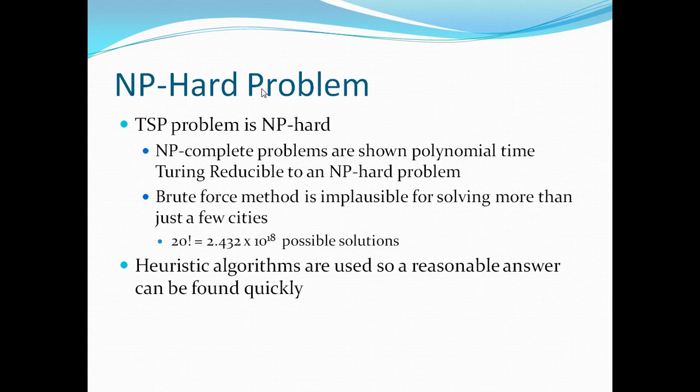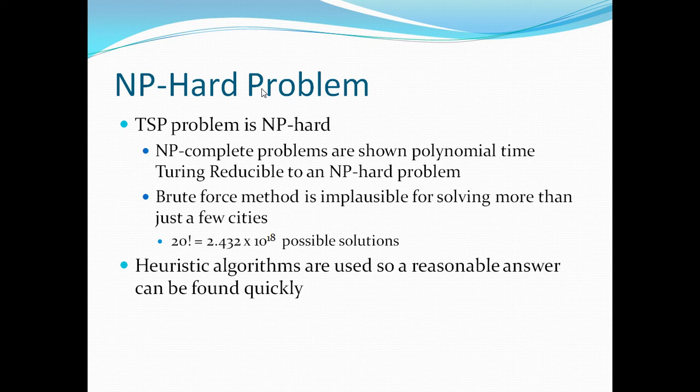So going over the traveling salesman problem, it's an NP-hard problem, which means NP-complete problems are shown to have polynomial time Turing reducible to an NP-hard problem, which is very confusing, but it basically means that an NP-hard problem has sub-problems that are NP-complete problems.